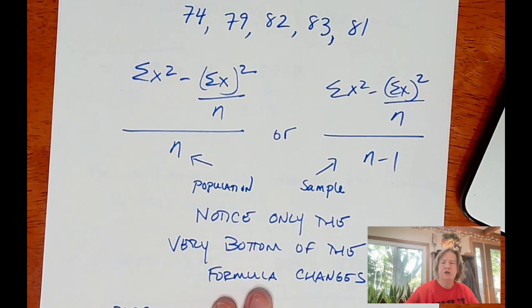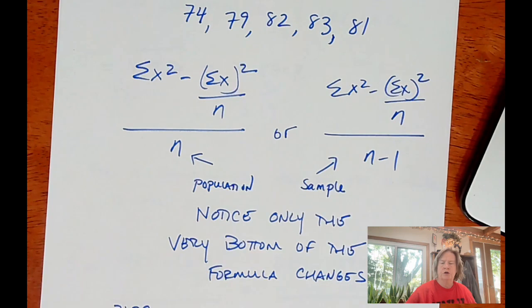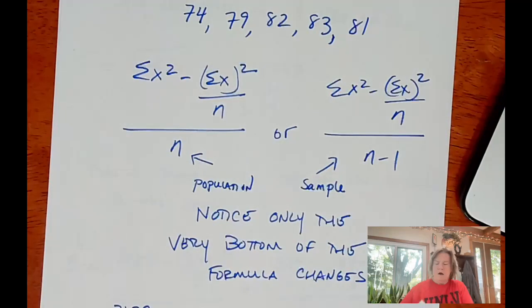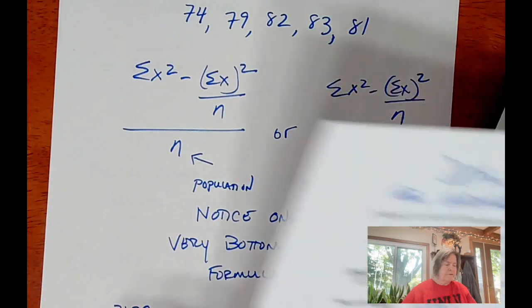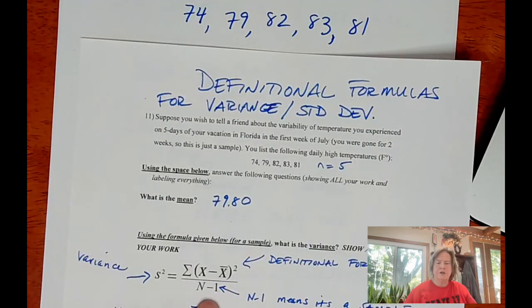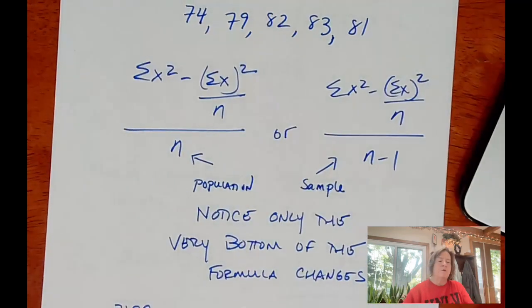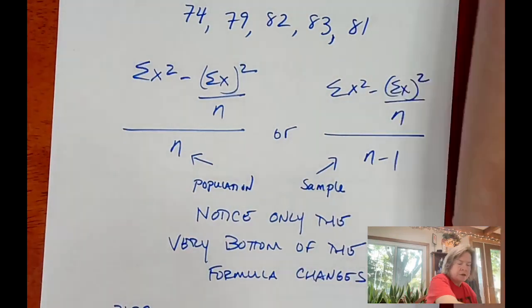And this is true when we did the definitional formula. Only the bottom changes. N minus 1 back into n if we're looking at a population versus a sample. Okay. So the top will be the same.